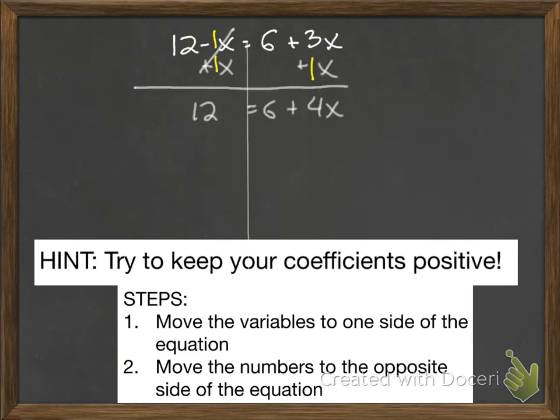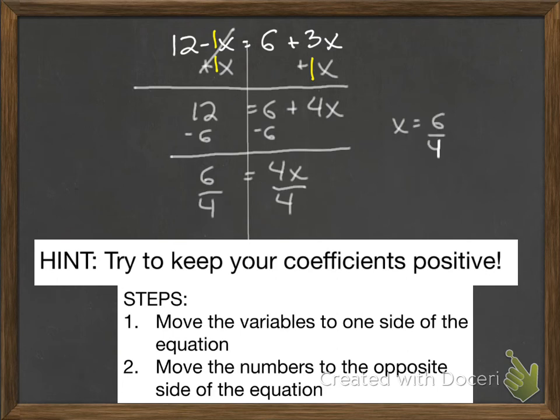Okay, so now, again trying to isolate our variable, we want to leave our variable where it is and move things away from it using reverse order of operations. So 12 minus 6 is 6, so we have 6 equals 4x. Then we need to divide by 4. So if we leave our answer as 6 over 4, will we get full credit?